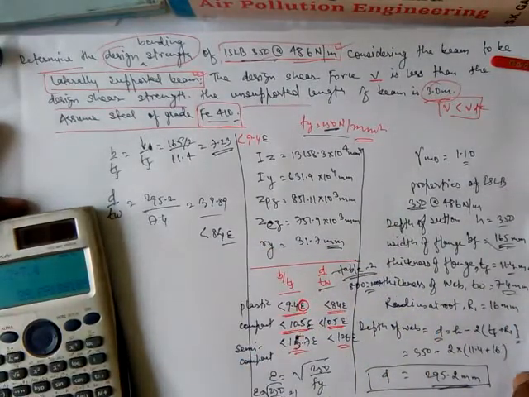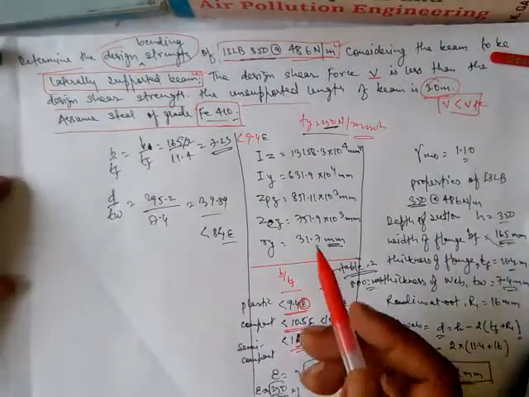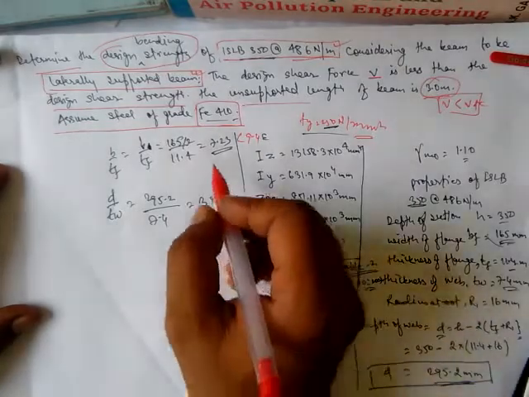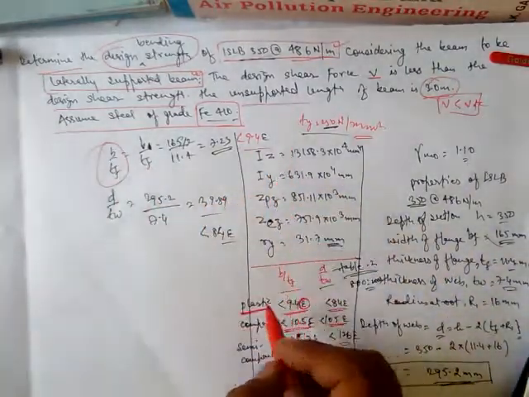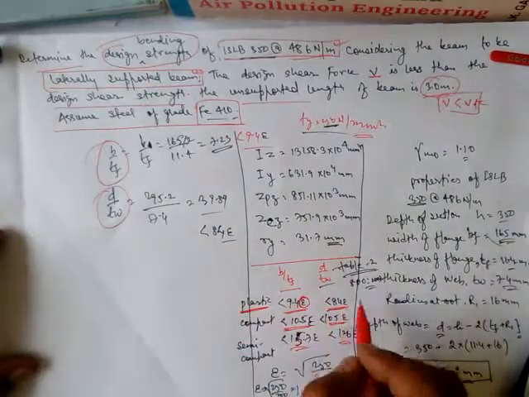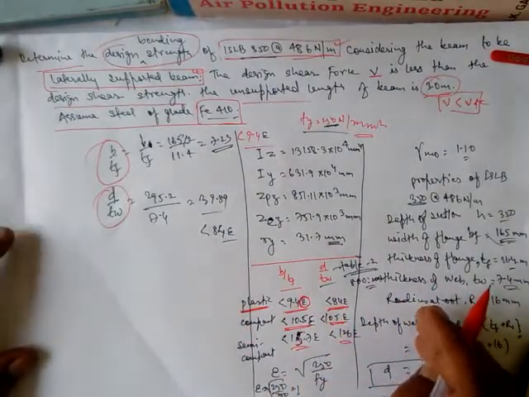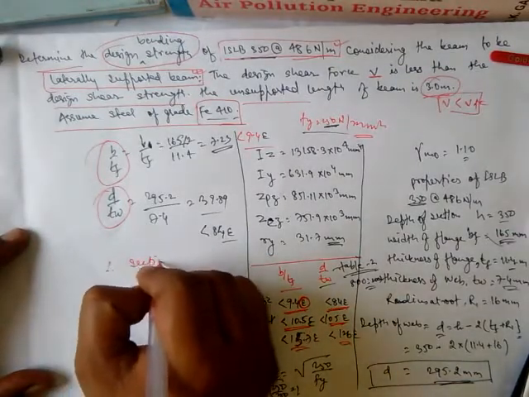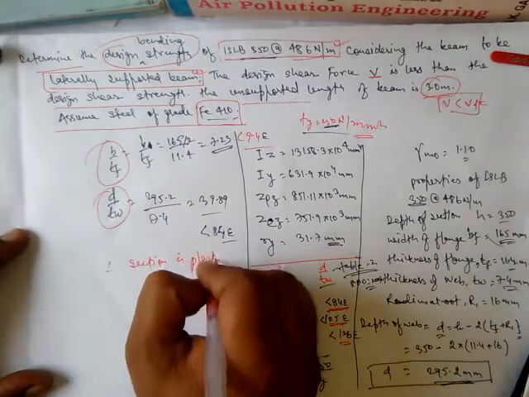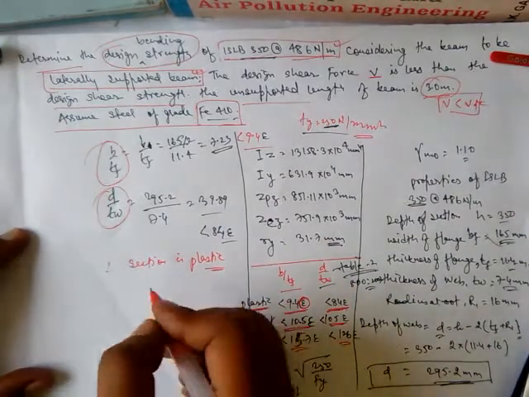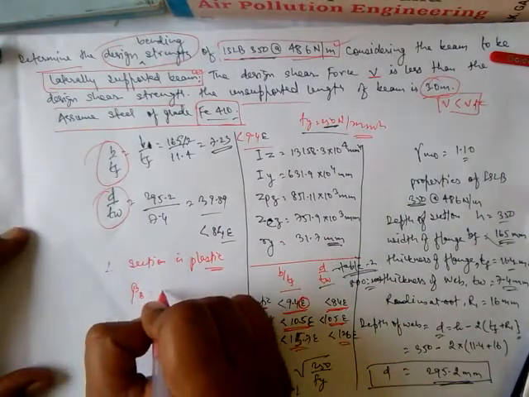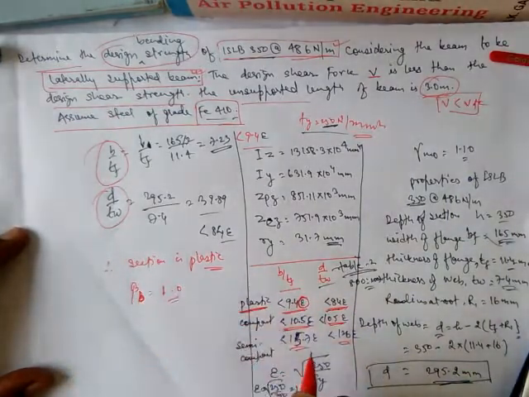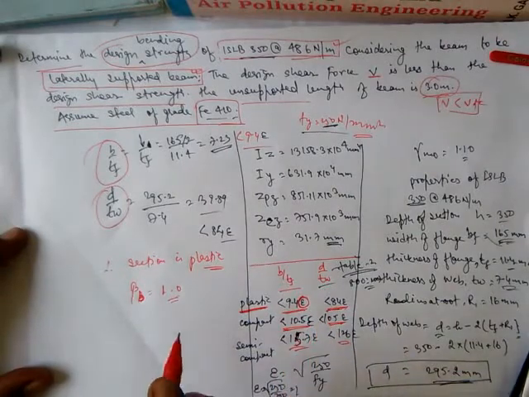So the given section lies in plastic range, because b by tf ratio is less than 9.4 epsilon and d by tw ratio is less than 84 epsilon. Therefore the section is plastic, and for plastic section beta b is 1.0.